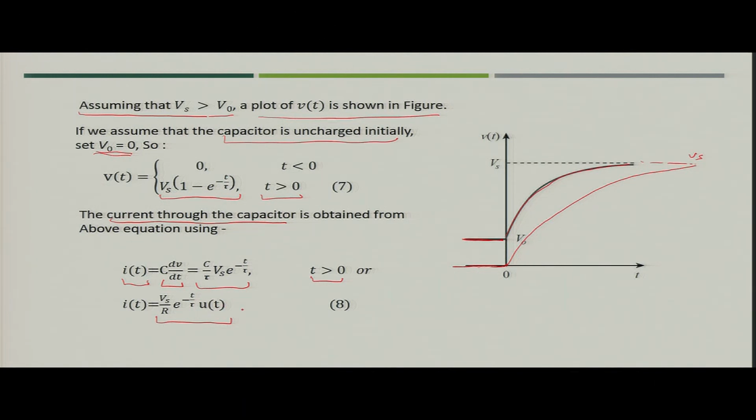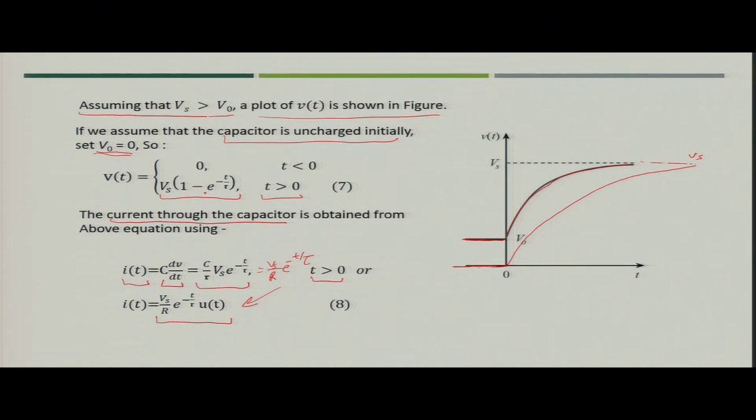Its value is 1 when time t is greater than 0. So, this equation, V s upon R e to the power minus t by tau for time t greater than 0, can be equivalently represented as V s by R e to the power minus t by tau into u(t).